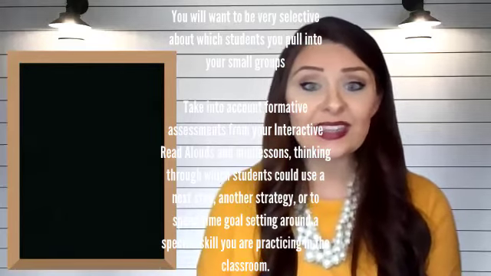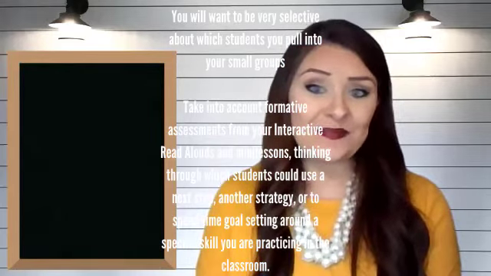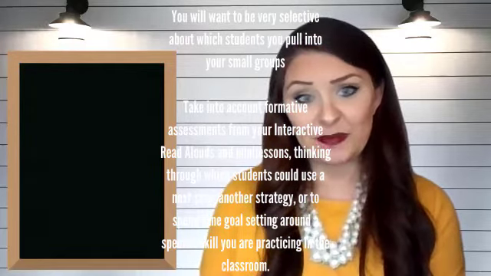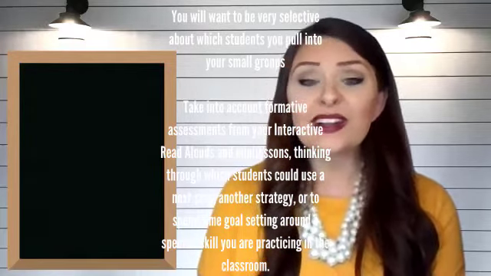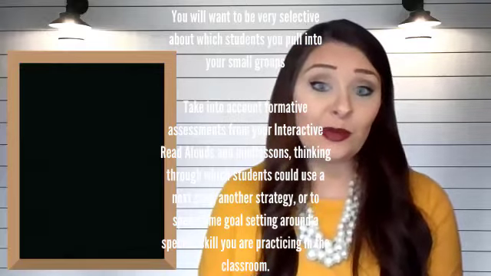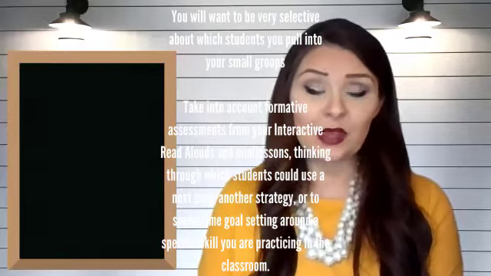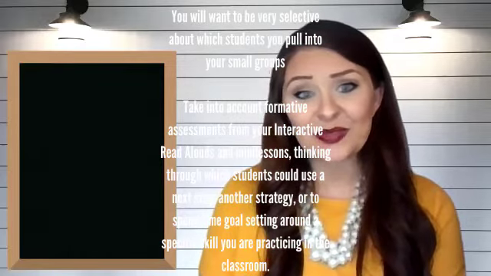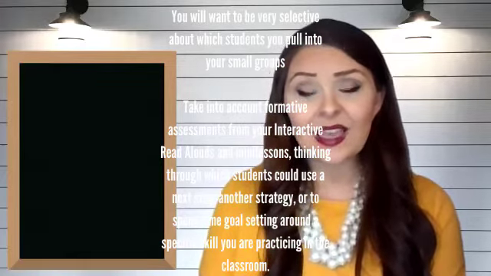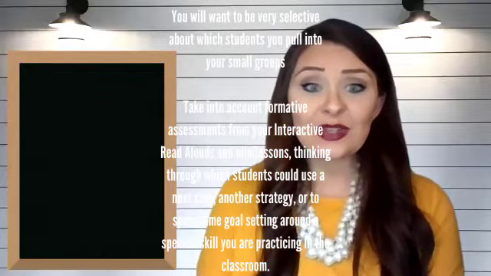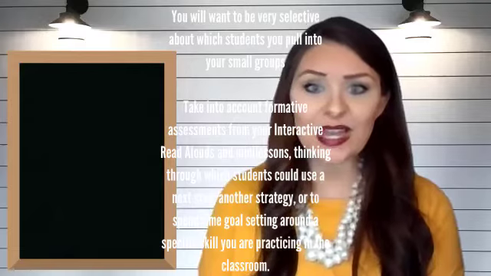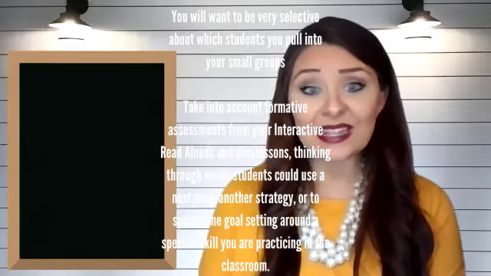The first is demonstration teaching, and the second is the self-assessment strategy group. You will want to be very selective about who you pull into your small groups. You will take into account formative assessments from your interactive read alouds and mini lessons, thinking through which students could use a next step or another strategy to spend time goal setting around a specific skill you're practicing in the classroom.